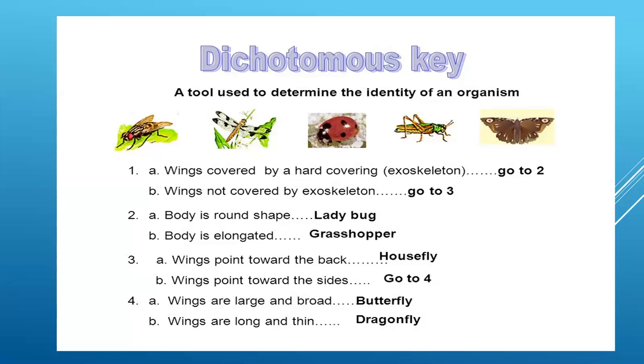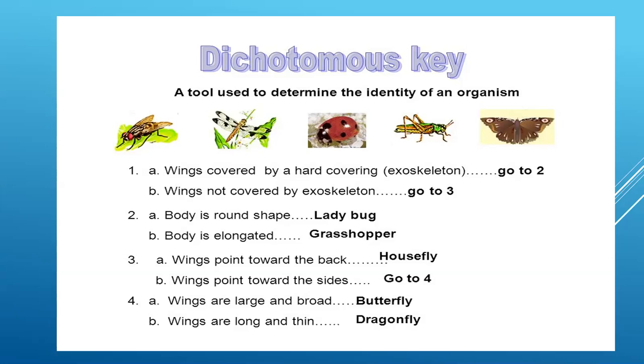You can identify which species or organism we are talking about. So the dichotomous key is a tool used to identify an organism, and you have to know the basic technique of how to identify an organism using it. It is like a puzzle game.